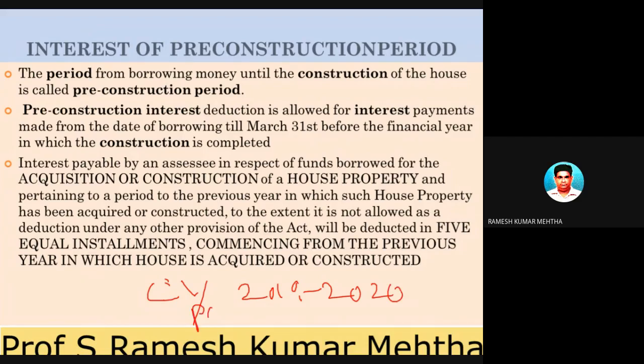Plus, the pre-construction period interest, which the assessee was not able to show as deduction earlier, can be allowed as deduction under section 24 as interest on borrowed capital for the construction or acquisition of house property.